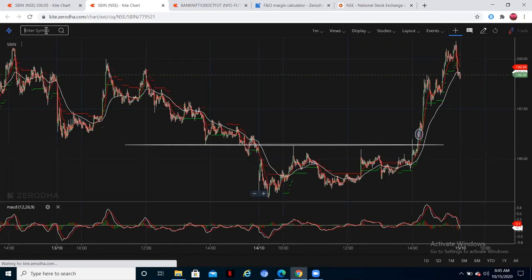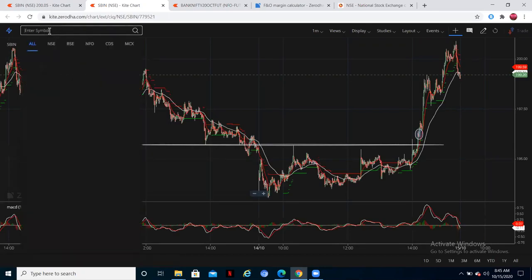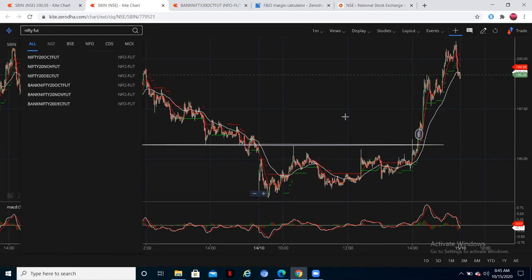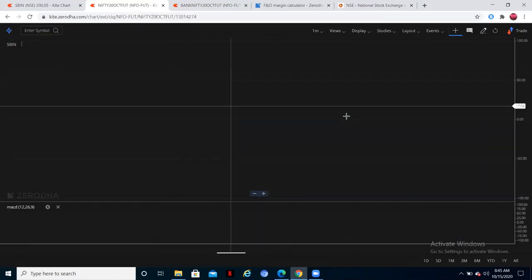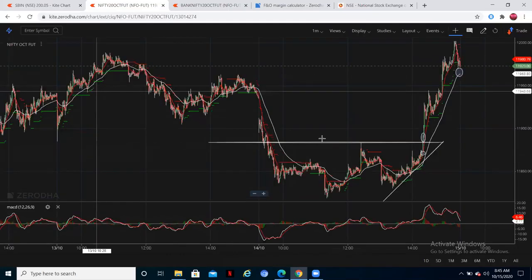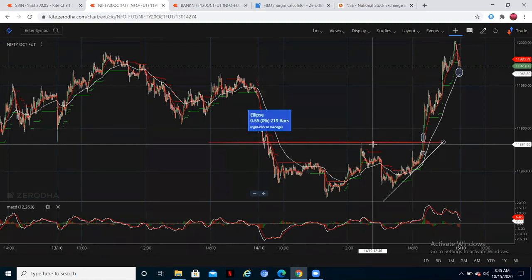So here you can see I'm telling you for Nifty once again. In case you are disconnected, you need to reconnect once again. Here you can see this is Nifty future. So for trading in Nifty or Bank Nifty, for any index, I told you three conditions for your entry. The first condition is your strategy.